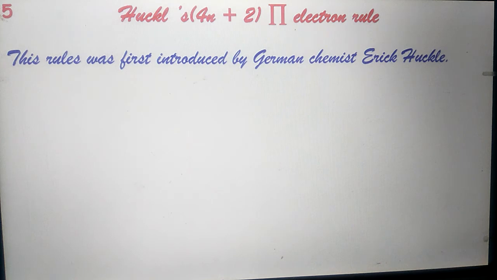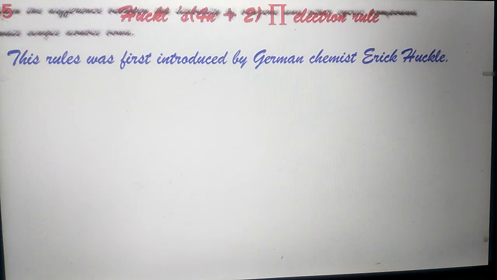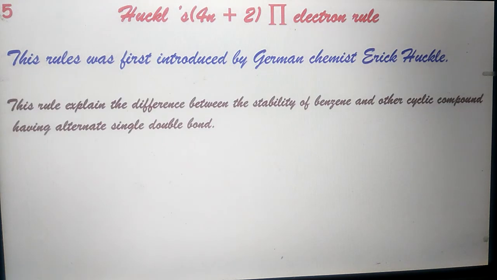Huckel rule is 4n plus 2 pi electron rule. This rule was first introduced by German chemist Erich Huckel. This rule explains the difference between the stability of benzene and other cyclic compounds having alternate single-double bond.